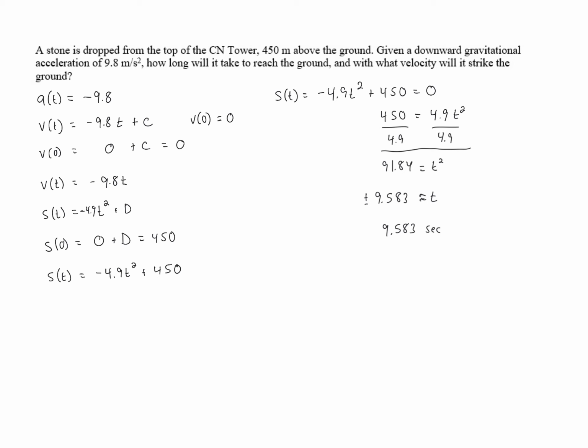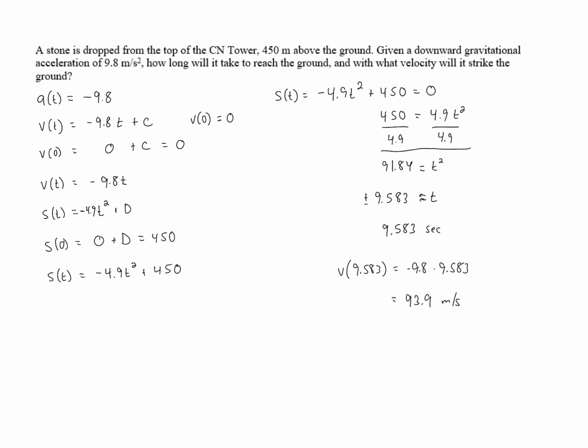We're also asked what the velocity is going to be, but remember, we have an equation for the velocity. The velocity is negative 9.8 t. So v at 9.583 is negative 9.8 times 9.583, and that gives us an answer of about negative 93.9.